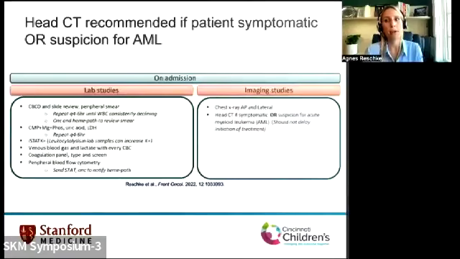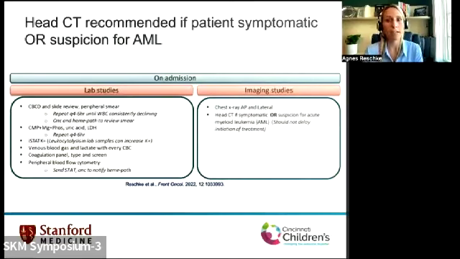The pathway then standardizes what labs are sent and what imaging studies are done upon admission. This includes a CBC with peripheral smear, a CMP with tumor lysis labs, an ISTAT potassium, and this was important because potassium can be artificially increased in lab values due to spontaneous lysis of the blast during transit to the lab itself.